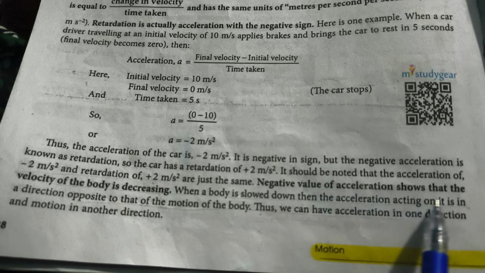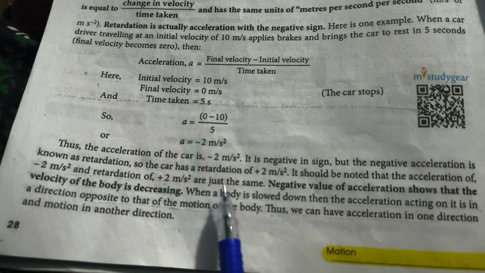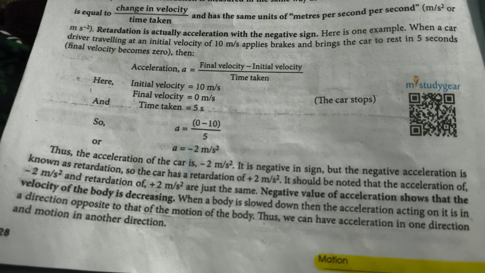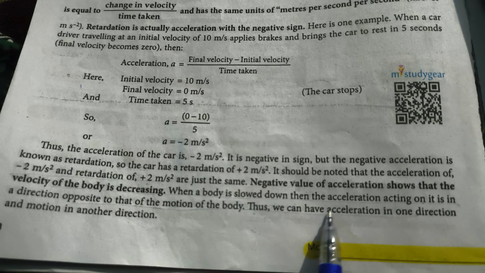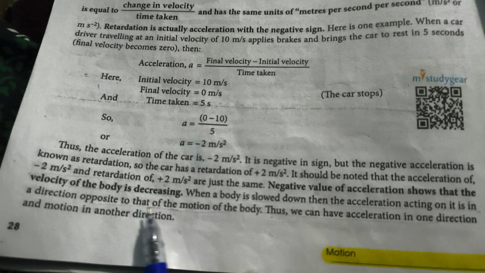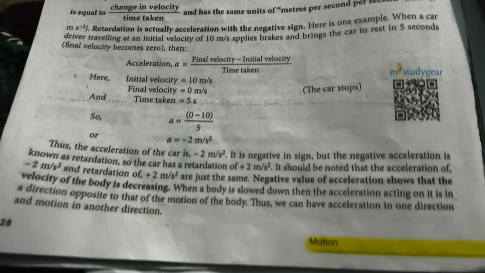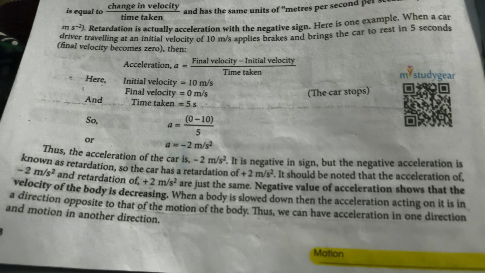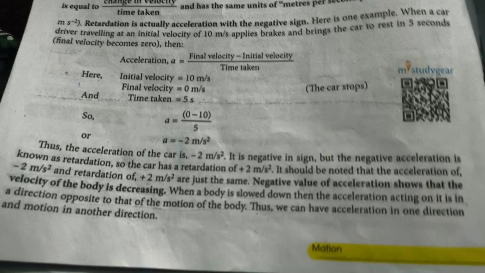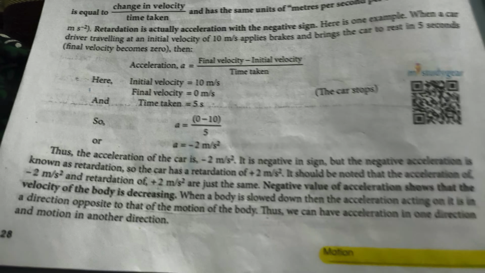A negative value of acceleration shows that the velocity of the body decreases. When a body slows down, the acceleration acting on it is in the direction opposite to the motion of the body. Thus we can have acceleration in one direction and motion in another direction.